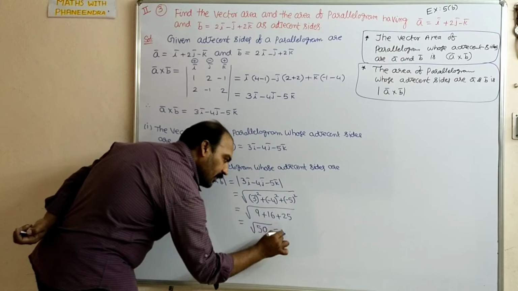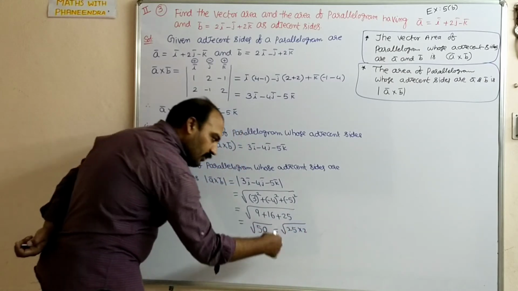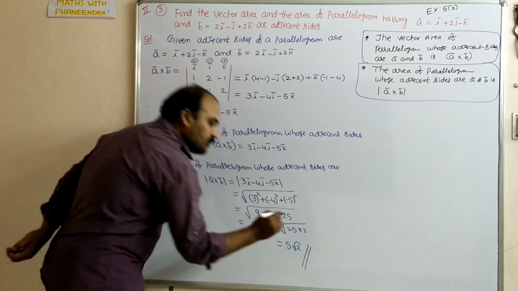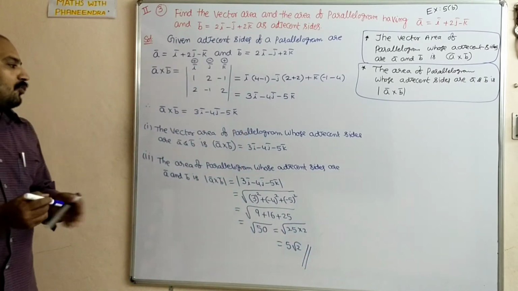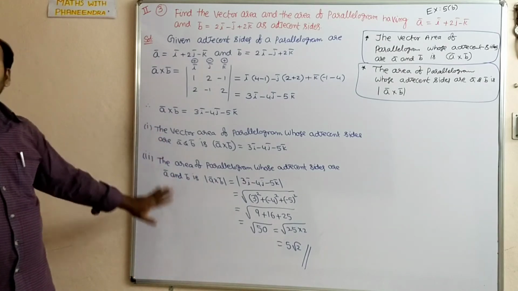That also can be written as root 25 into 2. So root 25 we can take outside, 5 into root 2. So this is the area of parallelogram whose sides are a bar and b bar.